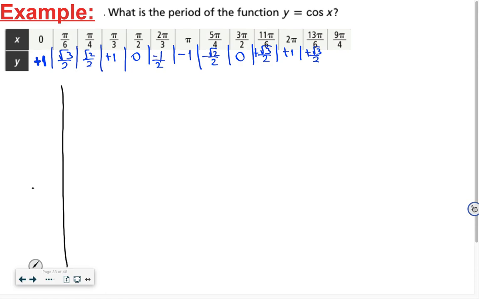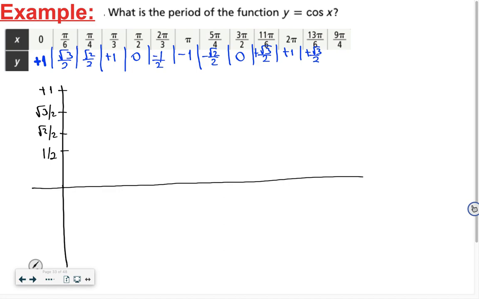Now let's graph the cosine function. This is my coordinate plane, and I need 1/2, radical 2 over 2, radical 3 over 2, and positive 1. This is going to be 0. I need negative 1/2, negative radical 2 over 2, negative radical 3 over 2, and negative 1. So what are my x values?